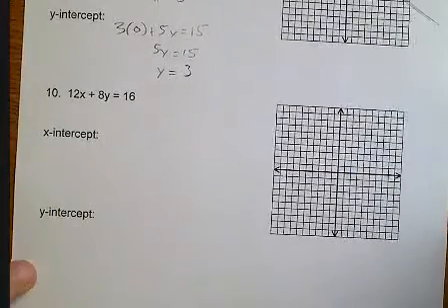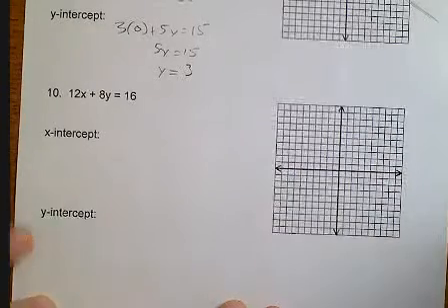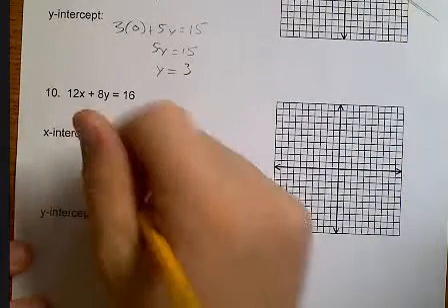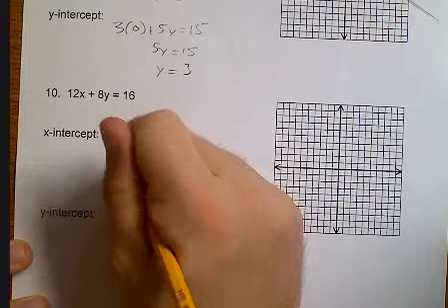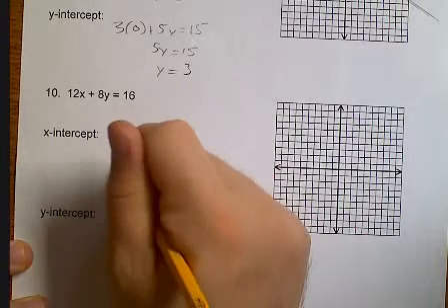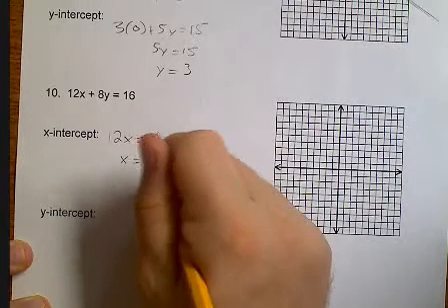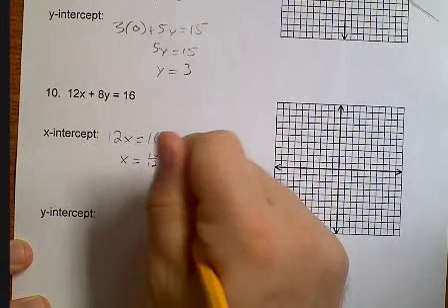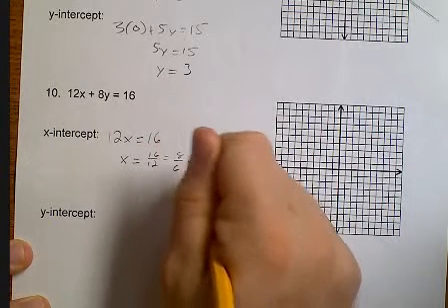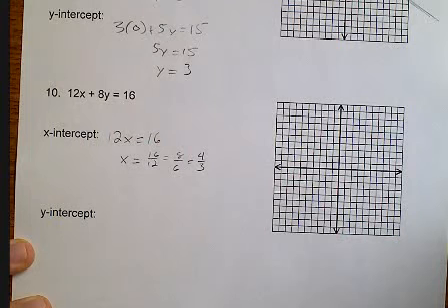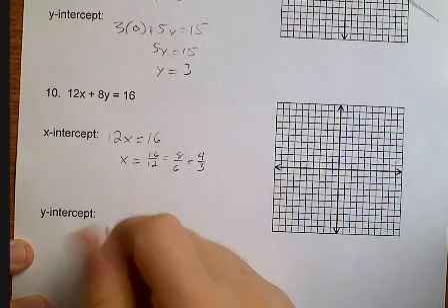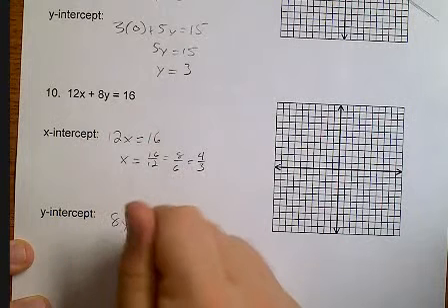And number 10. X-intercept, we're going to plug 0 into y. So know that 12x equals 16. So x equals 16 over 12, which is 8 over 6, which is 4 over 3. And my y-intercept would be that 8y equals 16.